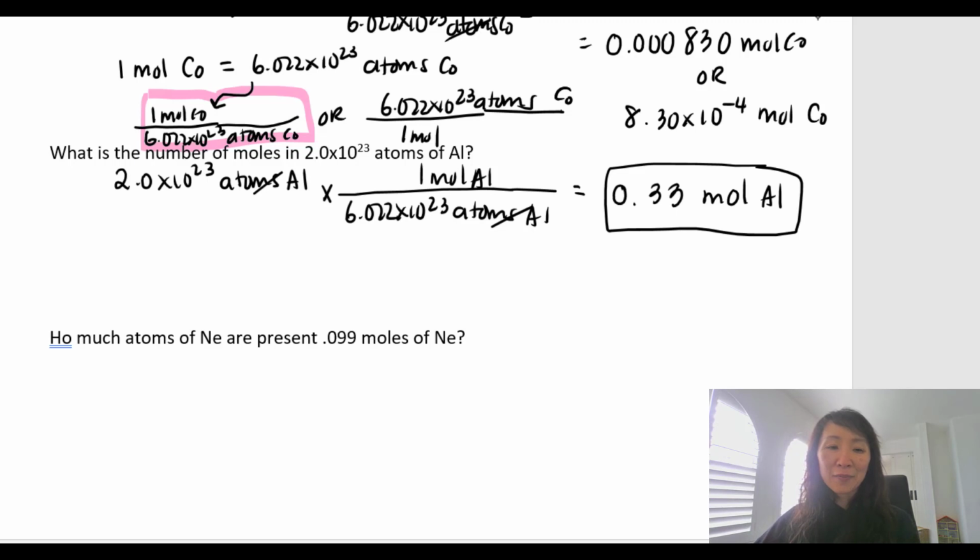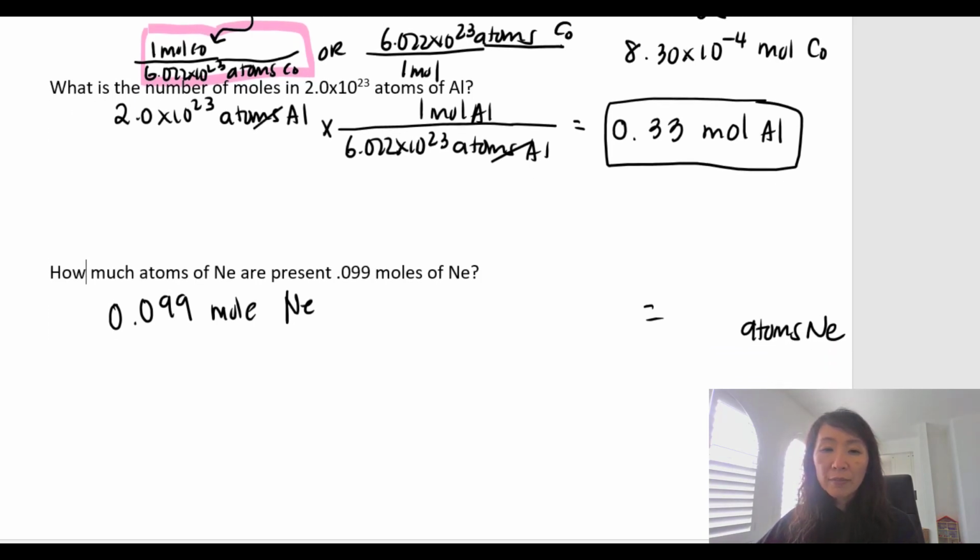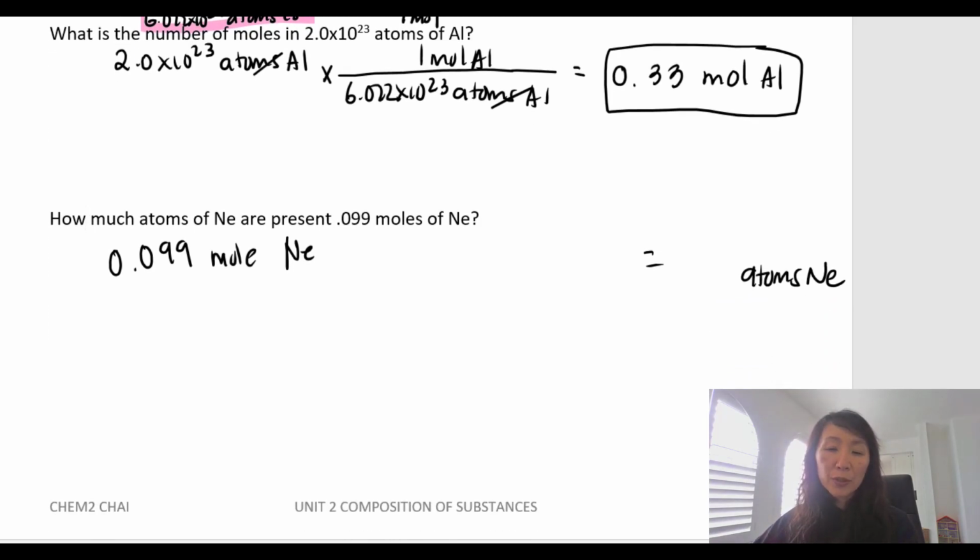Here is the key. The next one asks how many atoms of neon are present in 0.099 moles of neon. So your starting value is 0.099 moles of neon, and you want to do some calculations so that you're left with atoms of neon. The relationship between moles and atoms is as follows.